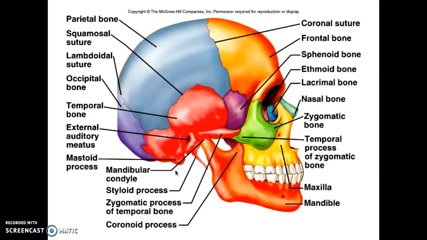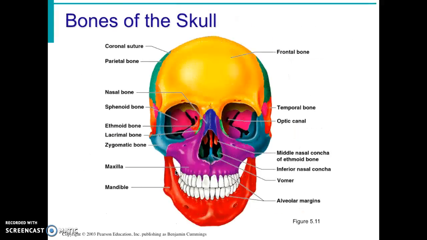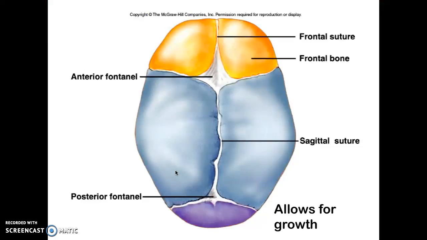And then there are the bones of the face. The sutures are these lines. You can see the sagittal suture here, and then the different bones that make up the cranium.